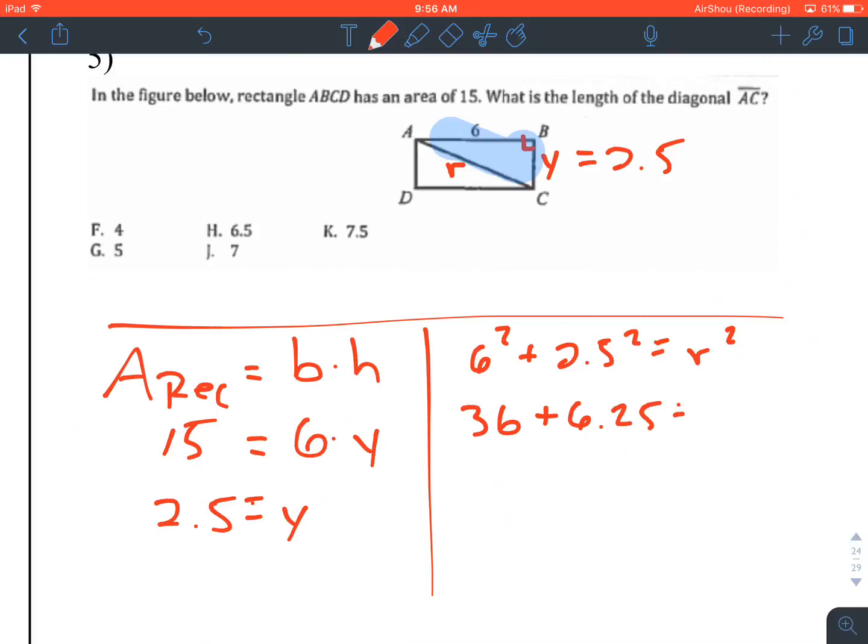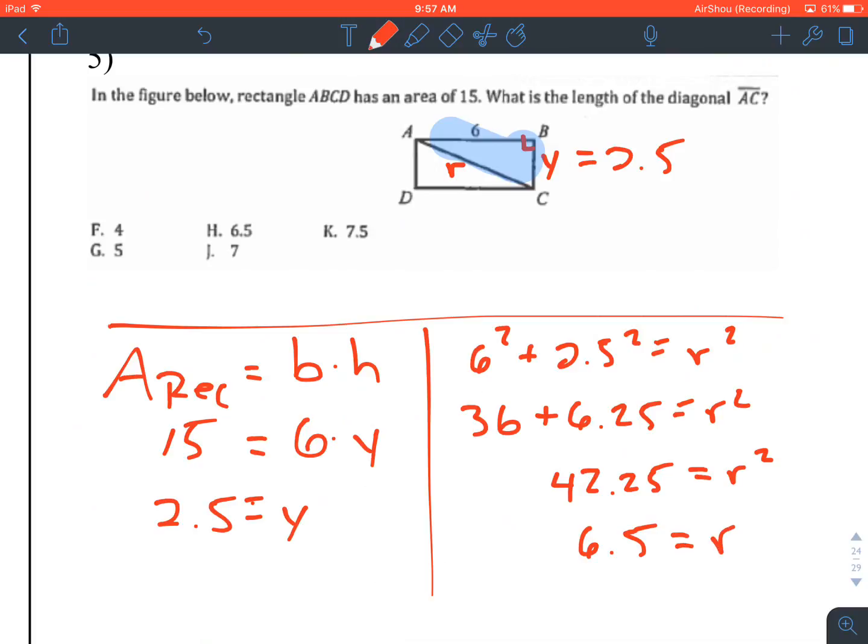If you add those together, you get 42.25. And if you square root that, you're going to get 6.5. I'm just checking in a calculator. That's right.